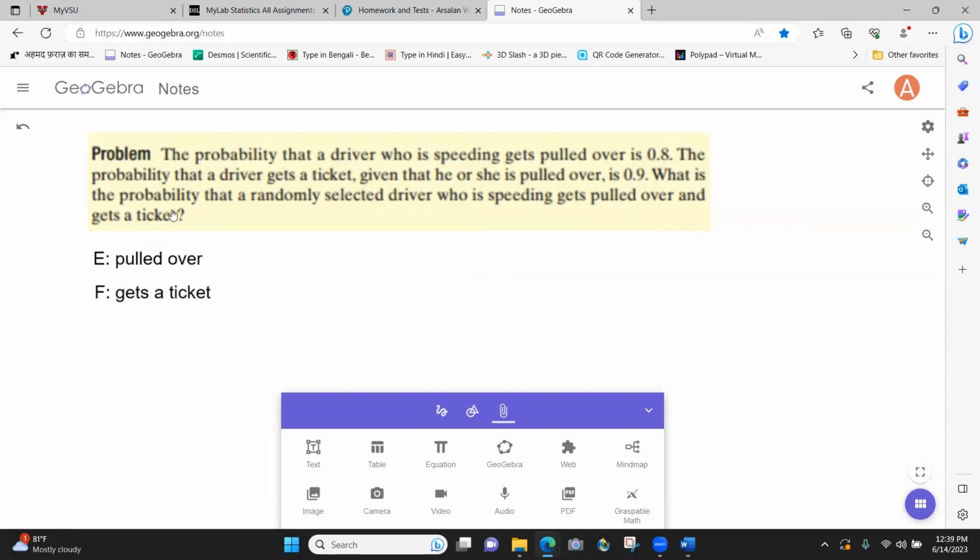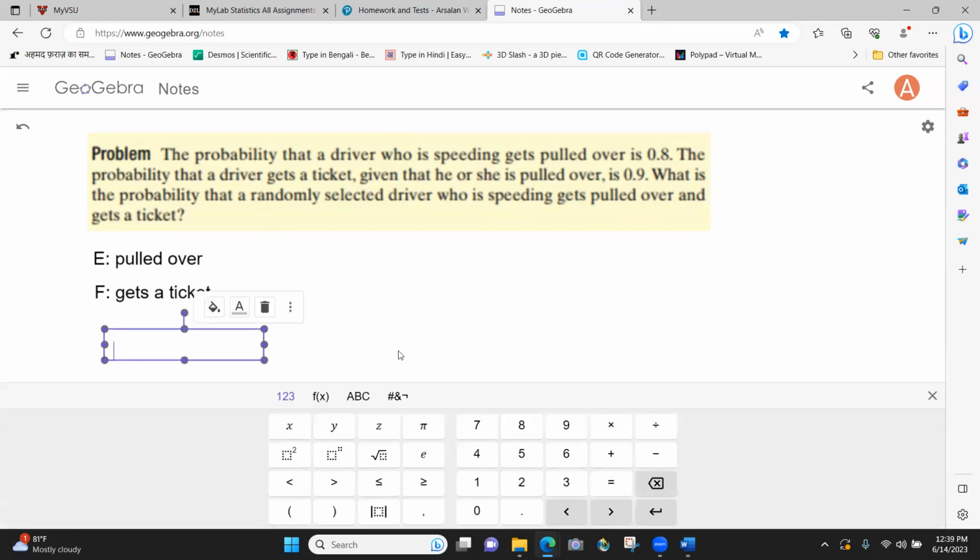So they are saying the probability that a driver gets a ticket, given that he is pulled over. Now I can write it like this. And that's very important to write this. I'm working on the second line.